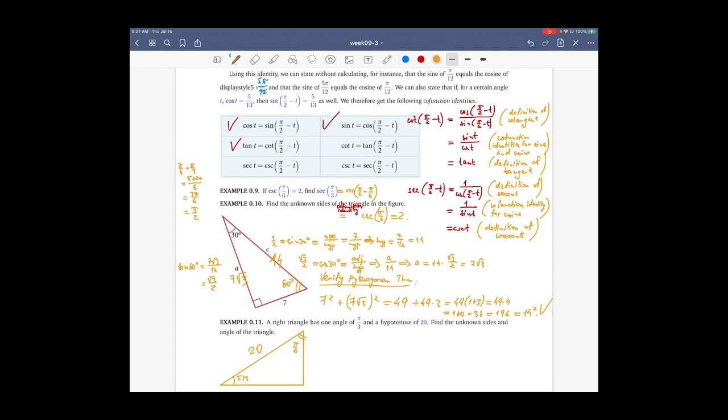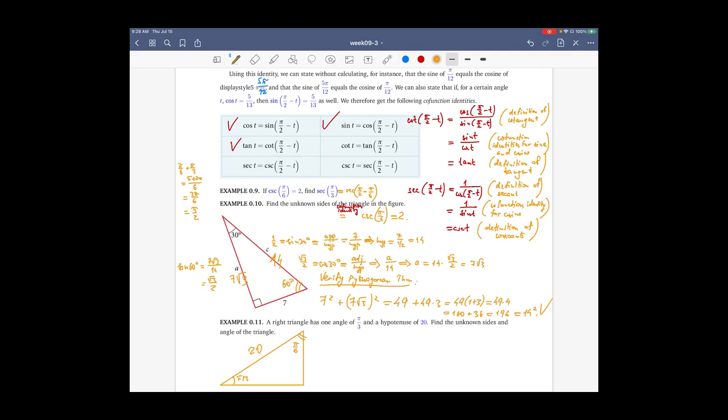Find the unknown sides of the triangle and angles. Well, the angle we have already found, it's pi over 6. And in any right triangle whose one acute angle is pi over 6, the leg opposite to it is simply half the hypotenuse.